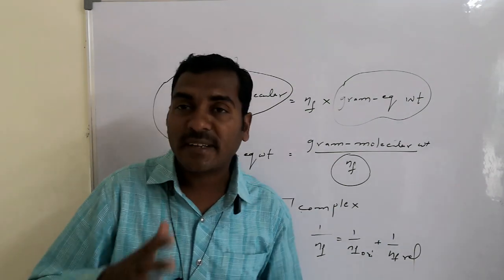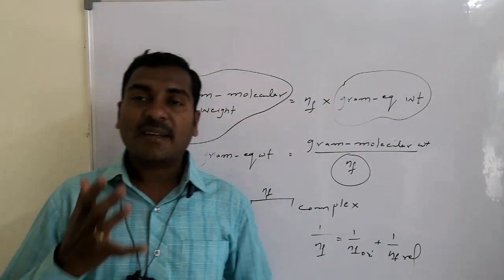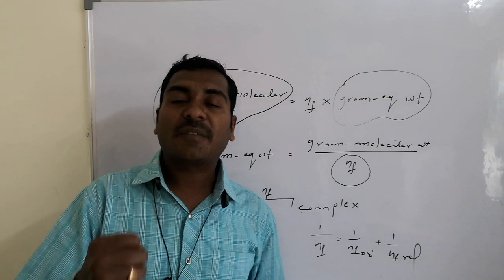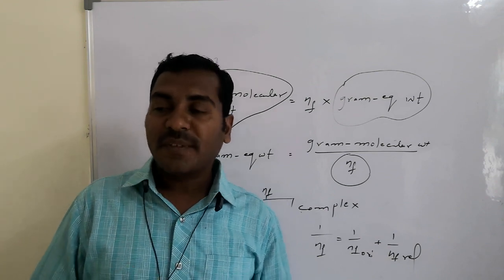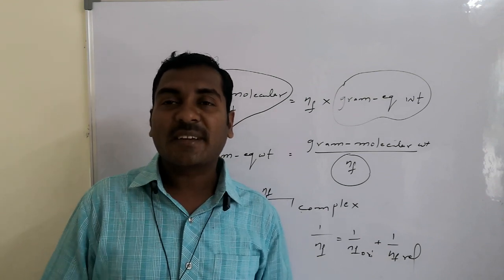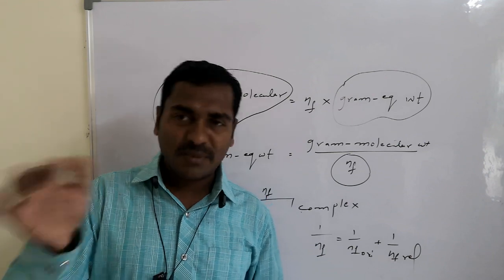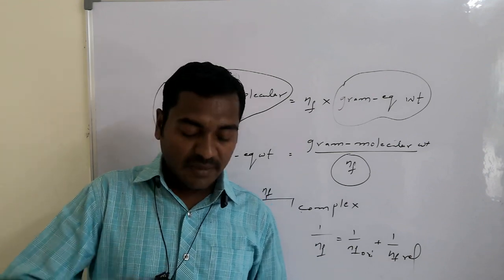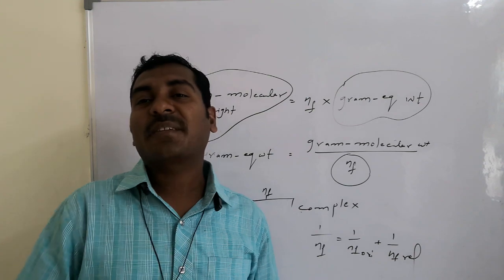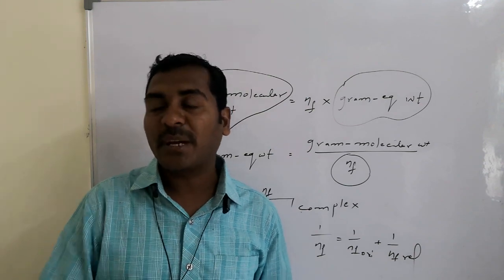With this, it might be clear for everybody that gram molecular weight, the weight of Avogadro number of molecules, if it is expressed properly in grams, is said to be gram molecular weight. You can express it in other units also. Whereas the weight of substance which is capable of producing 1 Avogadro number of active species is said to be gram equivalent weight.